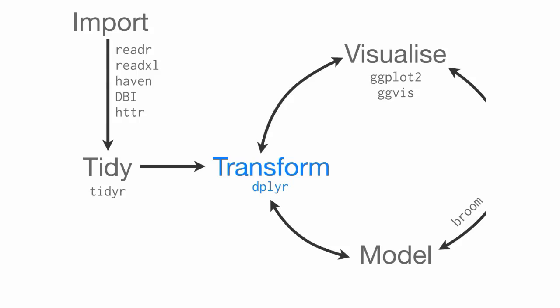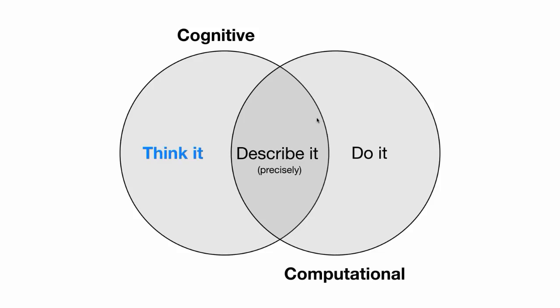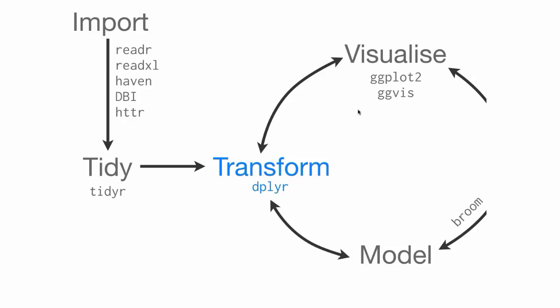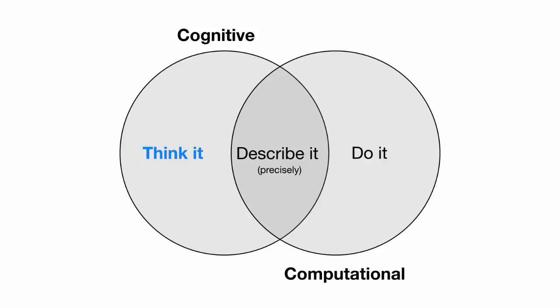So once you've got your data into R, you've tidied it, now you want to do some transformation. That's the job of the dplyr package. And the goal of the dplyr package really was to try and make all three of these challenges easier.